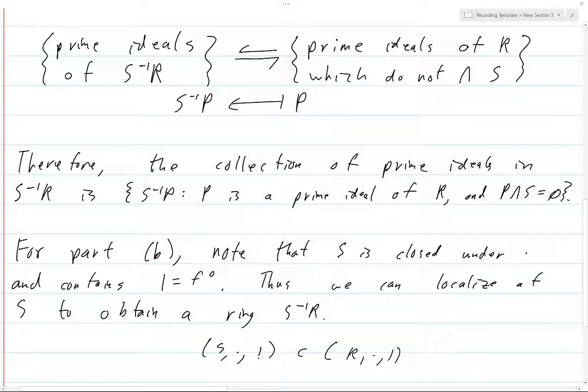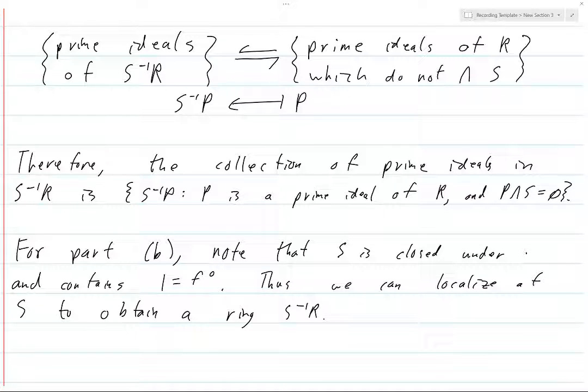And so in particular this set S contains the element 1. I think I saw it defined like that in at least one place, and maybe that's just a simplification to make the exercises easier. But the bottom line is we can localize at this S.